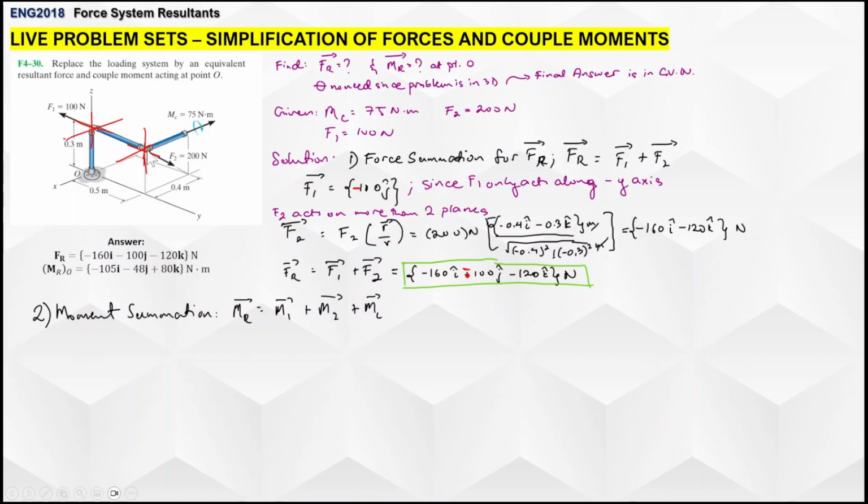So let's start with M1. M1 rotating about 0, 0, so we have the perpendicular distance of 0.3, which would give us negative 75. No, sorry. That's for later pala. So here is the moment couple here.